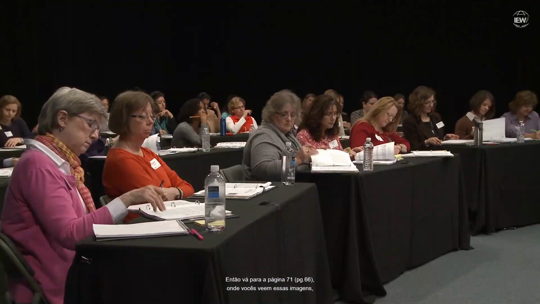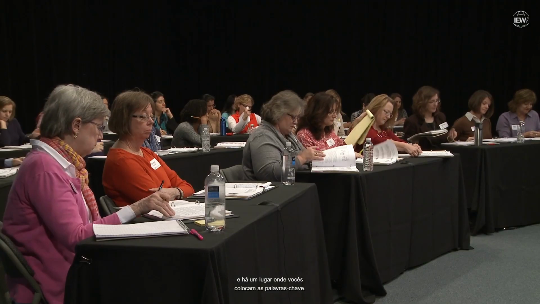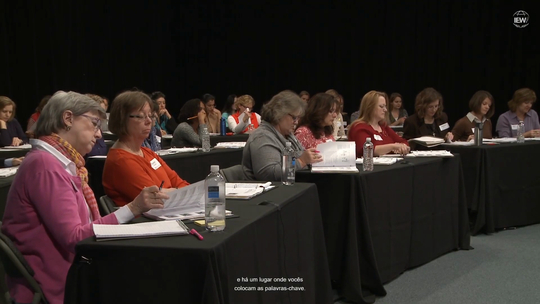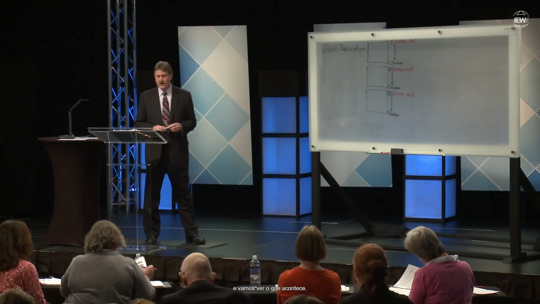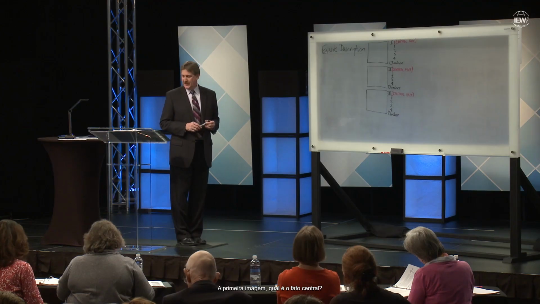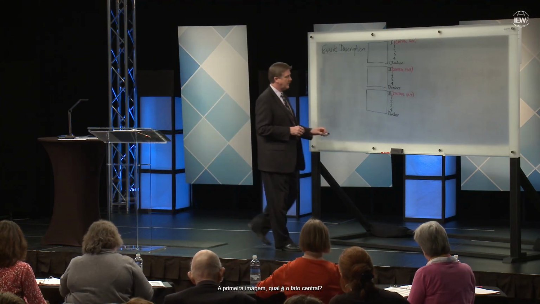Probably the best way to try and figure out how this goes is to just jump in and do it a little bit together. So turn to page 71, where you see these pictures, and there's a place where you can put in the keywords, and we'll just make a little outline together and see how it goes. So, the first picture, what is the central fact?